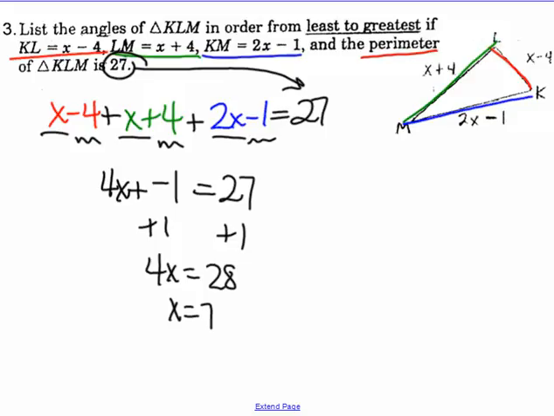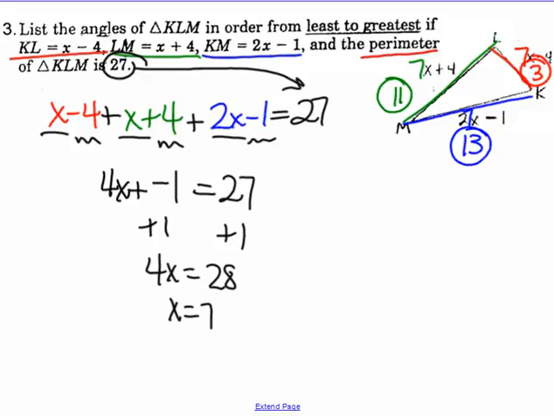Am I done? The answer is no, because now I have to plug it back in. X becomes 7, so 7 plus 4 is 11. X minus 4, so 7 minus 4 is going to be 3. 2x, 2 times 7 is 14 minus 1, that's going to be 13.